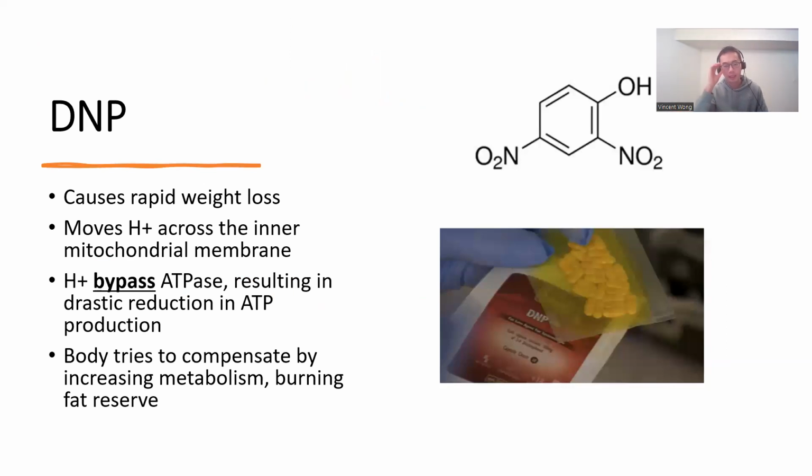DNP was accidentally discovered in a factory, and it was used as a photographic chemical, like in films, right? Sometimes they use it to make fertilizer, as well as dyes and sometimes even explosives.